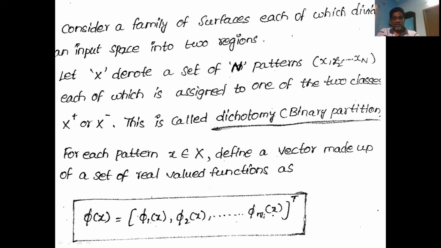This defines your new values as a column vector. What we are doing here is defining a nonlinear function that converts your input space of x1, x2, and so on, xn into a high dimensional space. We are using this function for that purpose.